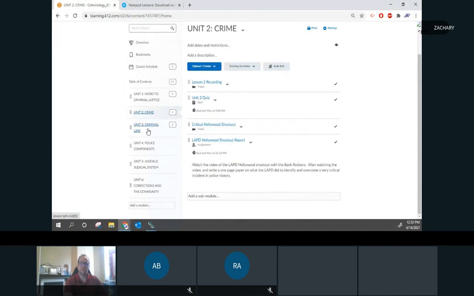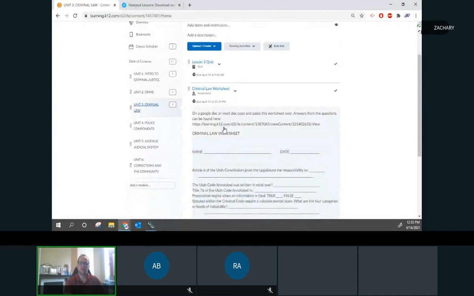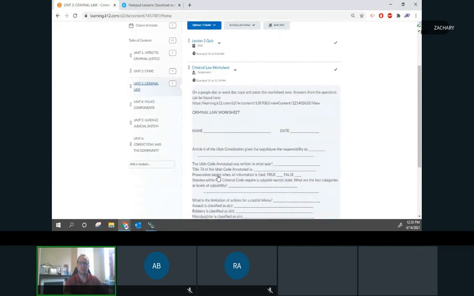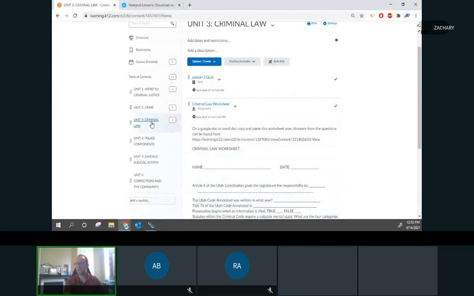Make sure you get those done because it's worth a lot of points, and you want to make sure that you do good. At the end of today's assignment, we'll have a Lesson 3 quiz on what we learned, and then you'll have what we call the criminal law worksheet, where you just answer these questions. I forgot to do it, so I better do it real quick in a second.